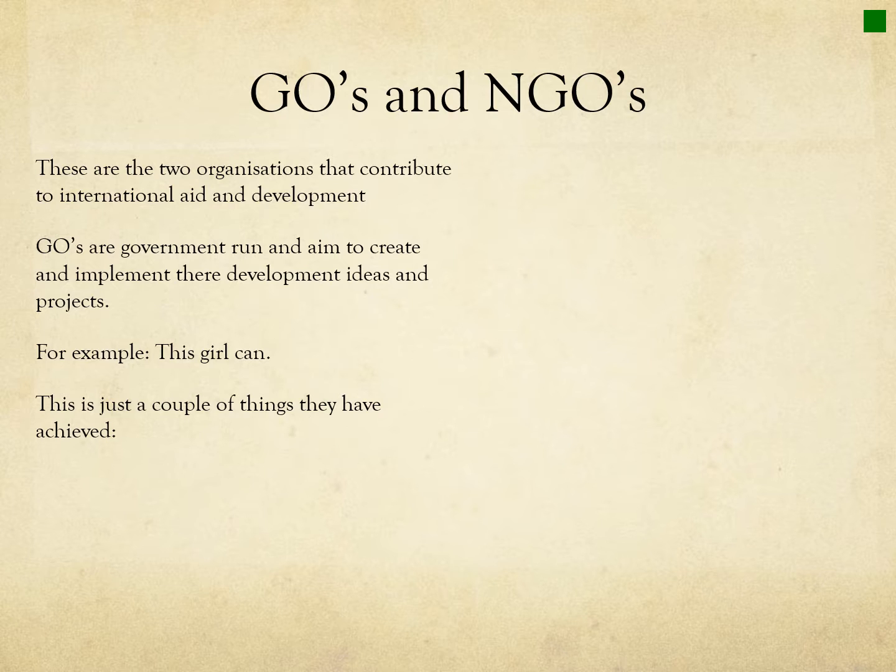This Girl Can is a nationwide campaign aiming to bring women of all shapes, sizes and abilities together through activity. They are a Sport England funded programme which work with the NGBs all around the country for each specific sport, looking for women to take part in. This is just a couple of things they have achieved.